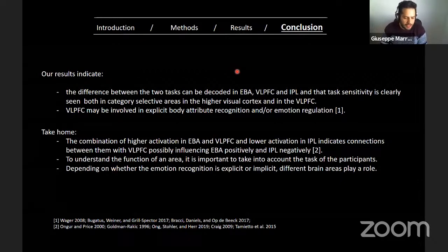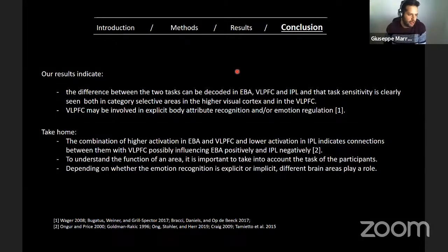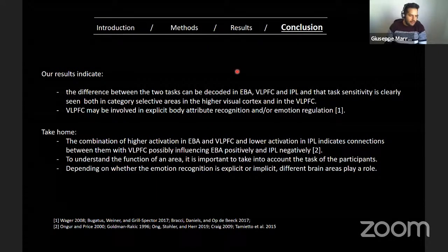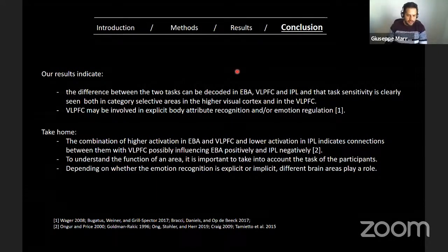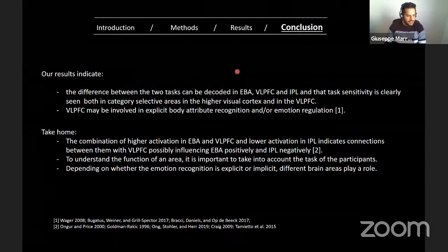So we didn't actually check for adaptation. We do have a certain amount of repetition of each unique stimulus, of course. I think it's 5 repetitions of each unique stimulus, and this didn't influence too much the behavioral results.